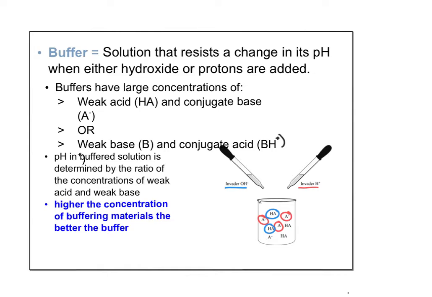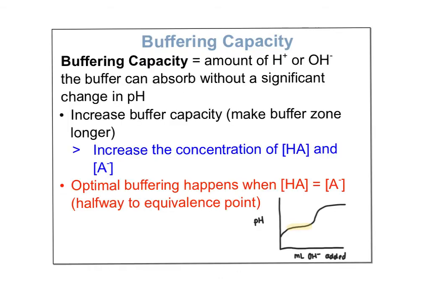Obviously, we're only able to add small or certain amounts. If I dump a whole bottle of H+, we're going to run out of the A- for it to react with, and then we'll see a major change in pH. But the idea is that even adding a bit of this stressor or a bit of this stressor, the pH is only going to shift ever so slightly, and we can essentially keep that same value.